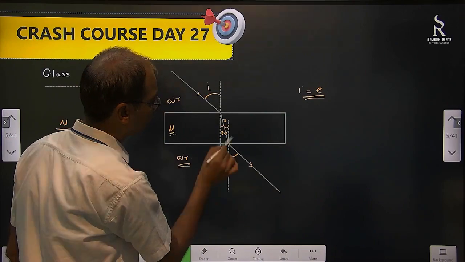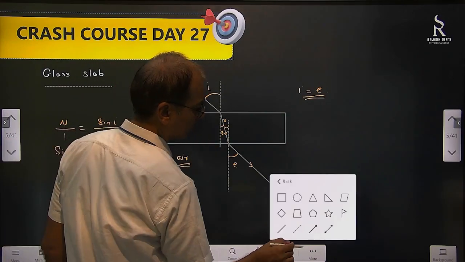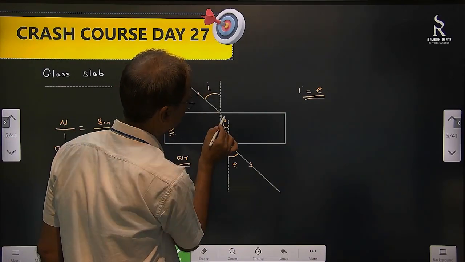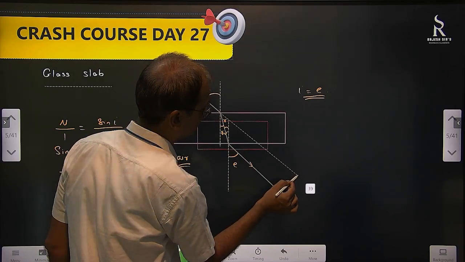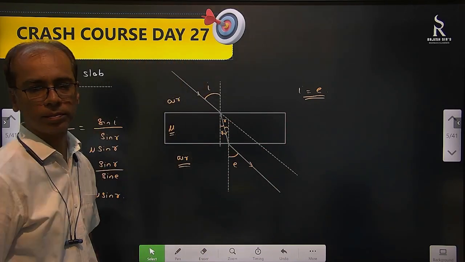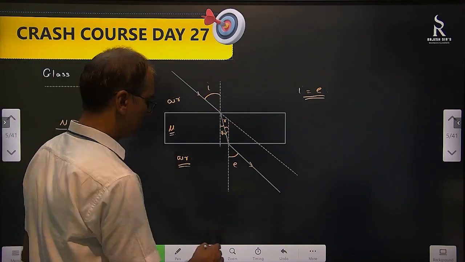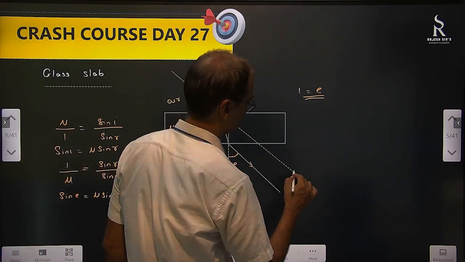That means this ray will be parallel to this. You can see that.